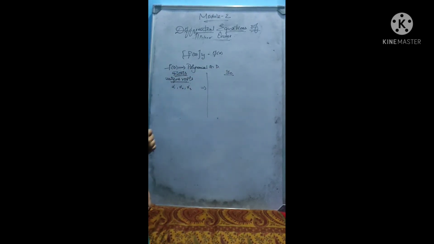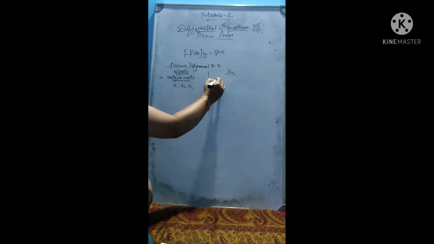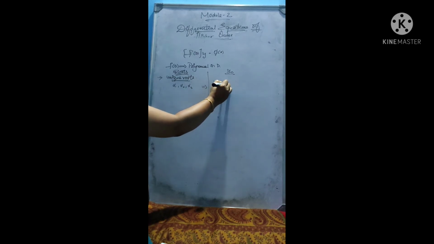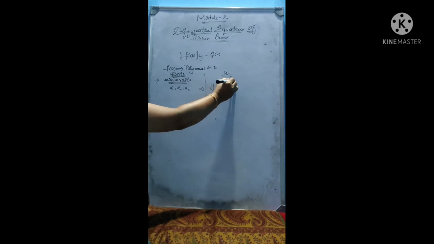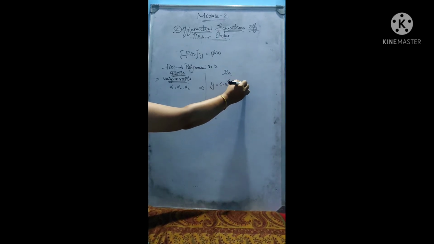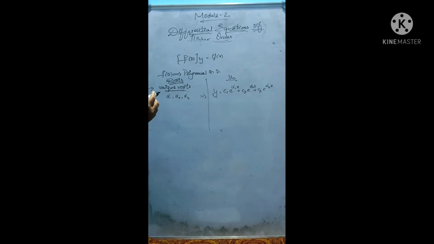In the first case, if you have unique roots for this particular f of D polynomial, then the complementary function is written as y = c1 e^(alpha 1 x) + c2 e^(alpha 2 x). Let us assume the unique roots are alpha 1, alpha 2, alpha 3.